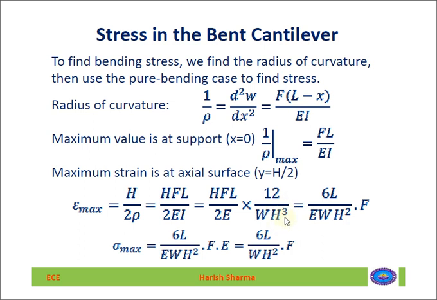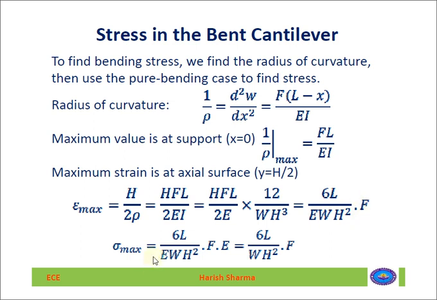So we can write 6L upon EWh square multiplied by F force, because these are all dimensions and constant.